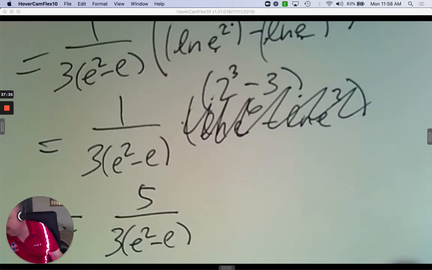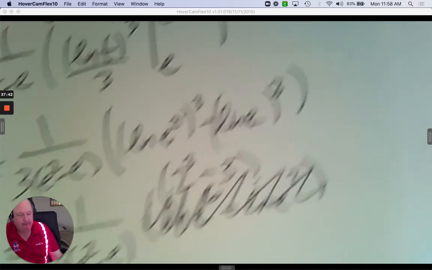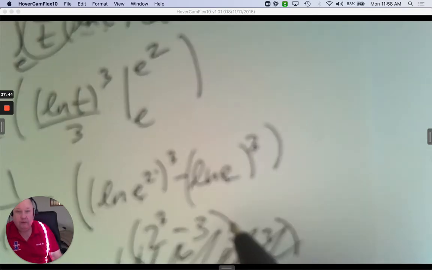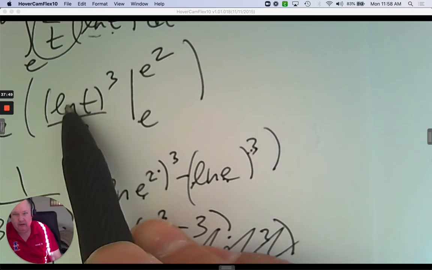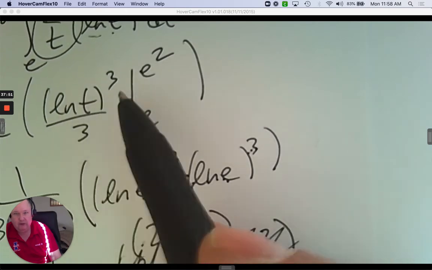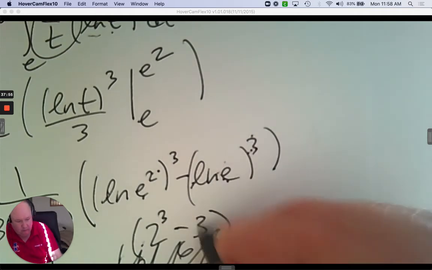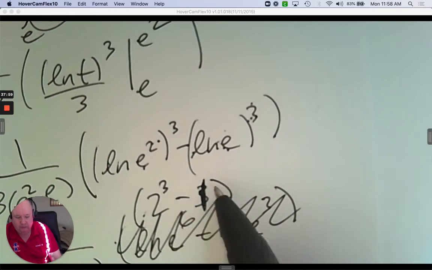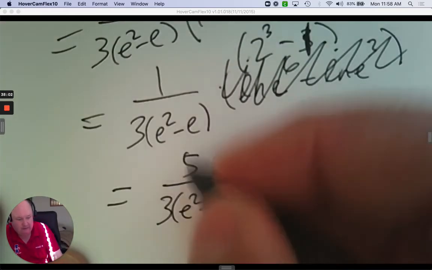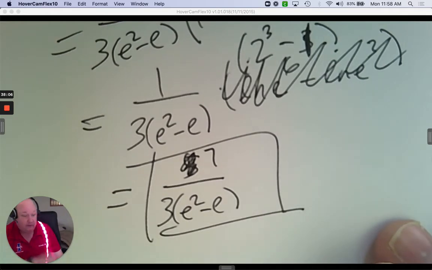It has 8 take away 1. Everything else is the same. So let me double check. If I plug in e in here, I got ln e cubed. So ln e is 1 and 1 cubed is 1. That's why it was wrong. So this should be 1. So 2 cubed subtract 1. That's 7. Now we're right. See? Easy peasy. This was a challenging question.